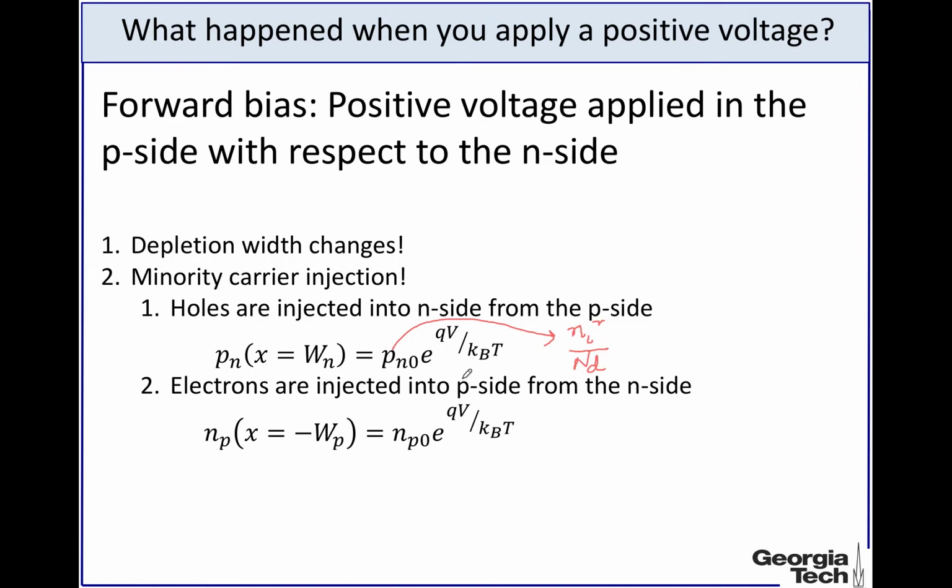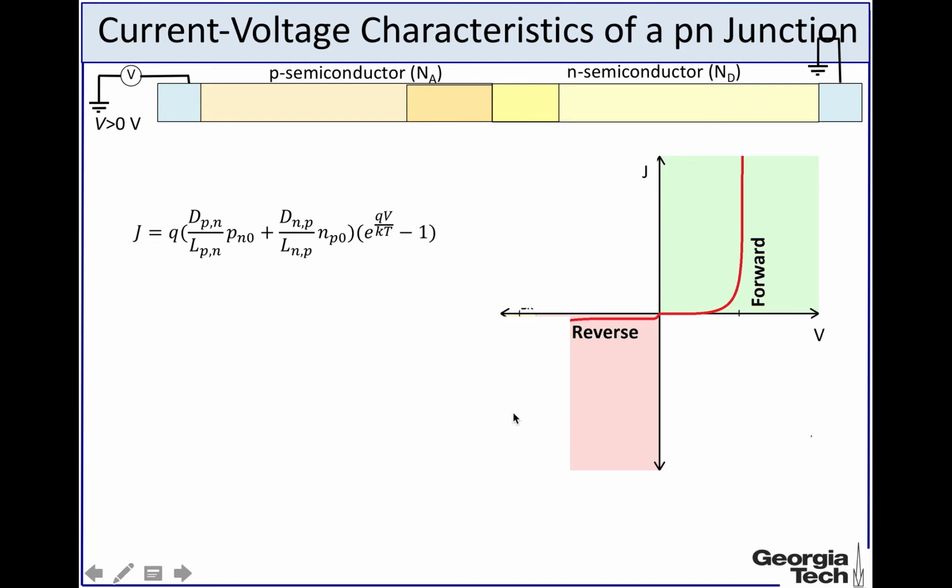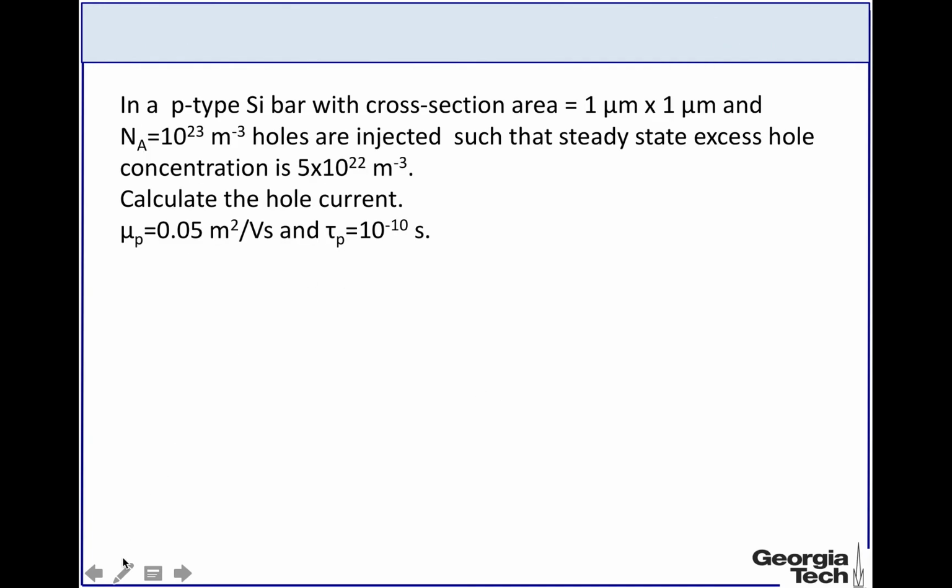The electron density injected into the P side from the N side equals the equilibrium electron density in the P side, which is Ni square over Na, multiplied with e power qv over kt. And so this is the equation that we just derived.